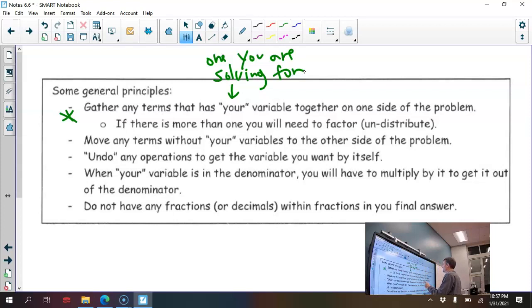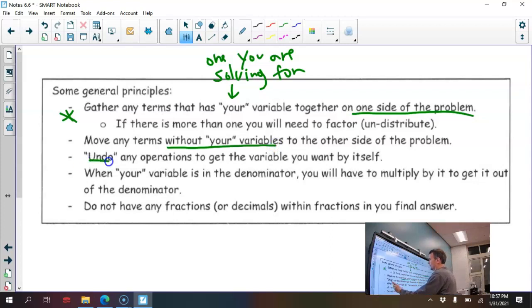You want to gather those together on one side of the problem. Any term that's got your variable in it, move it to one side of the problem, and move any terms without your variable to the other side of the problem.